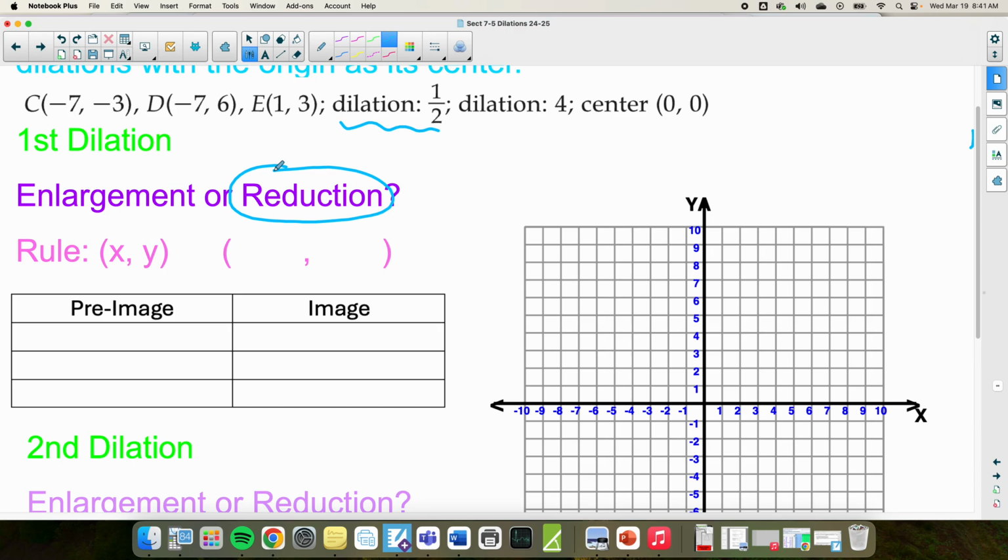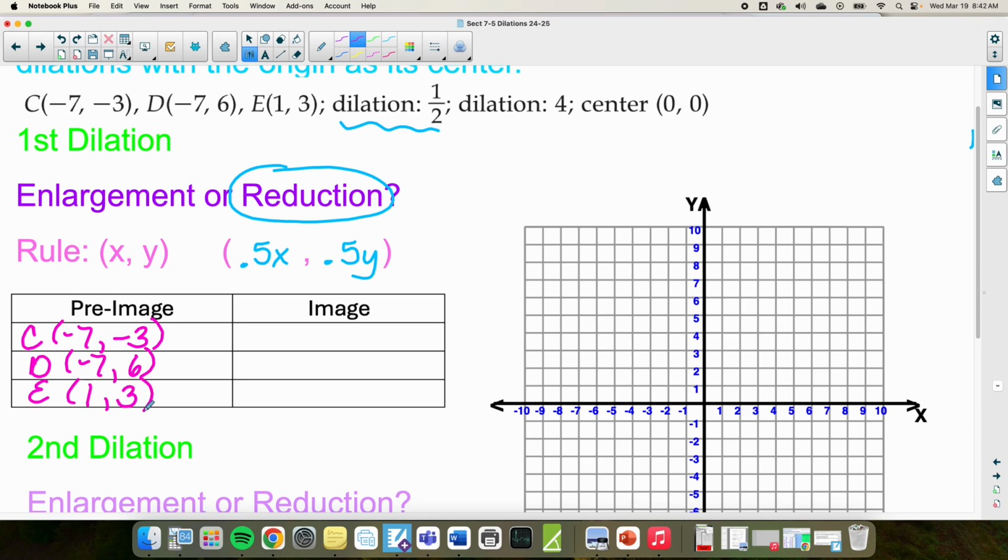My rule is going to be 0.5x and 0.5y. And then if I copy my points down here, C is going to be -7, -3. D is going to be -7, 6. And E is going to be 1, 3.